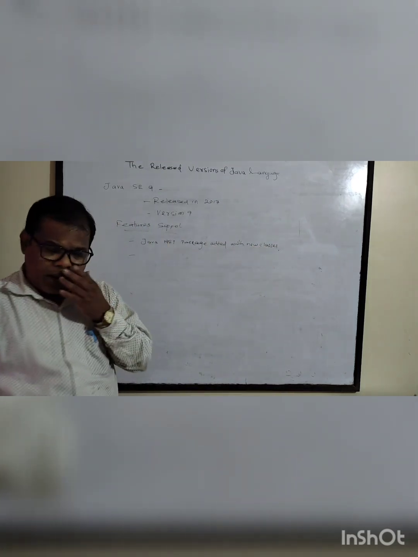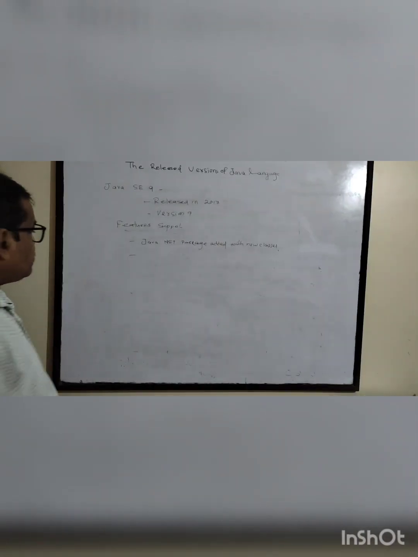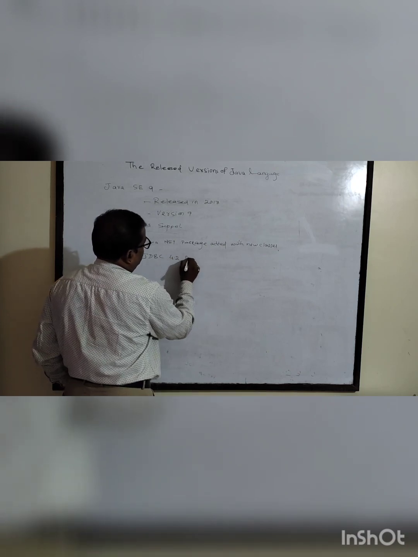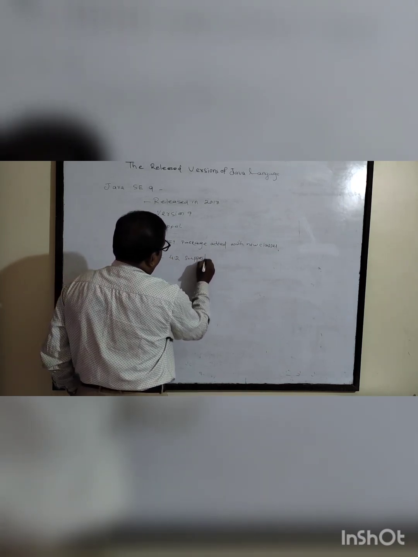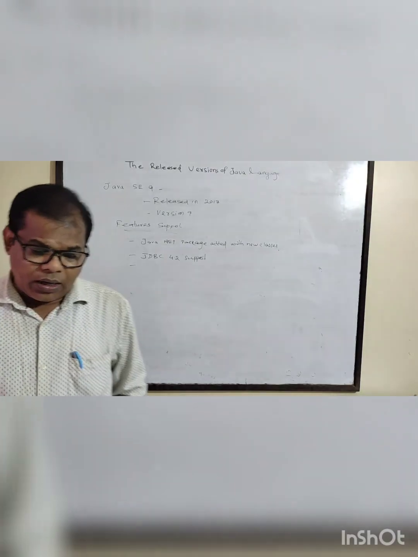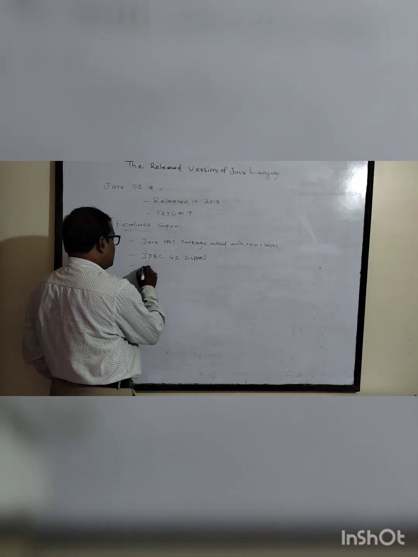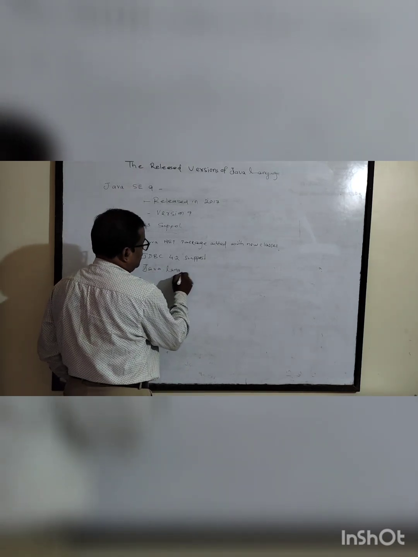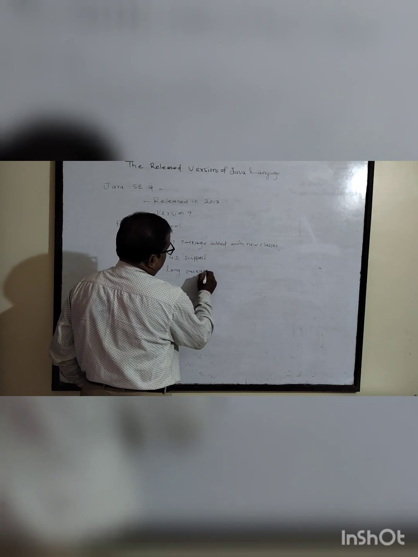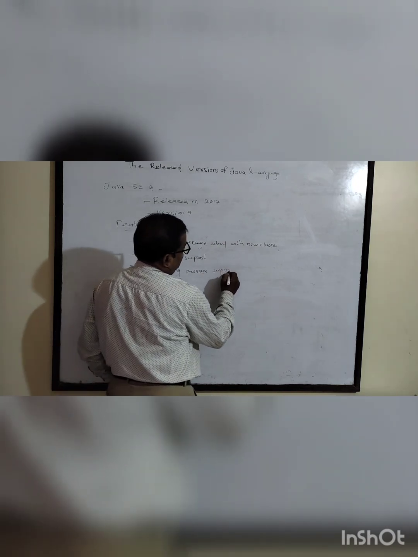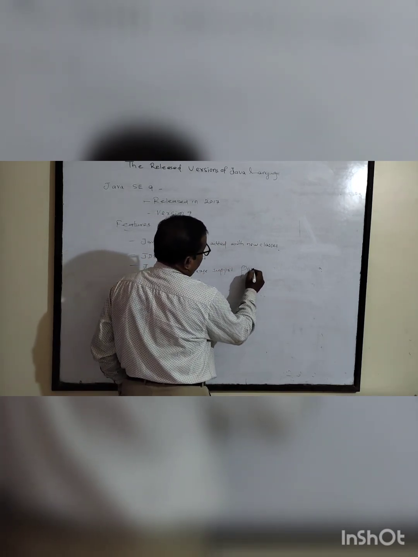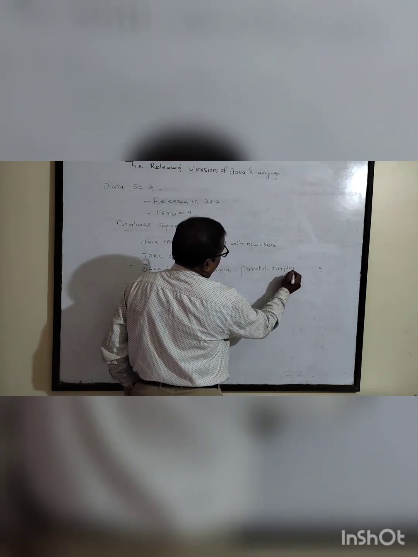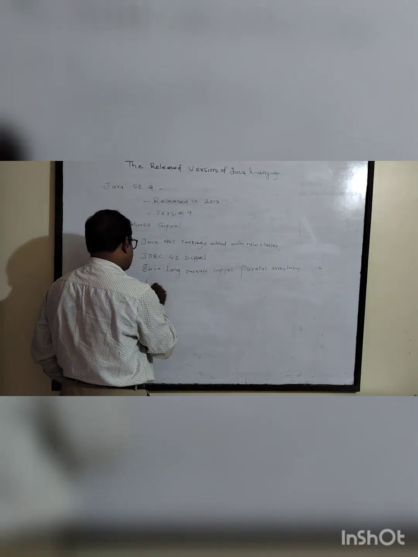And if you see, here JDBC 4.2 is supported. It also supports parallel array sorting in the java.lang package, and there are many other features coming with this.